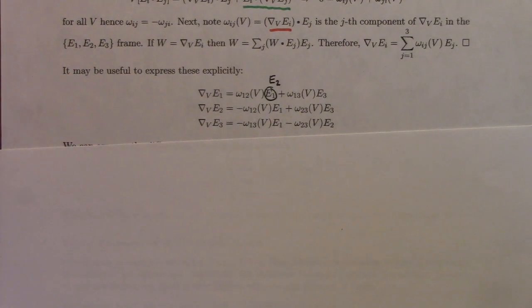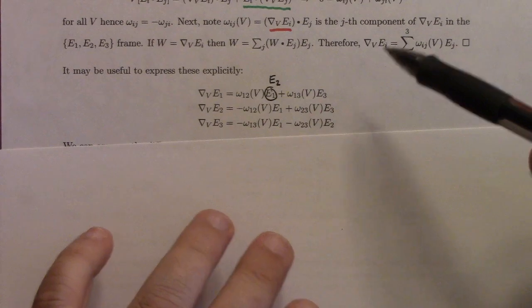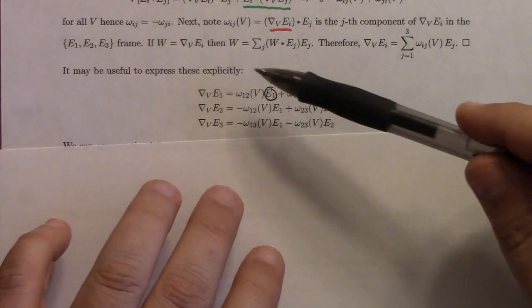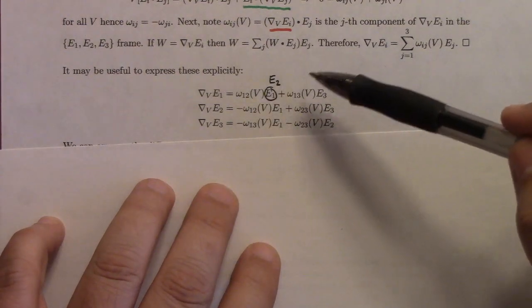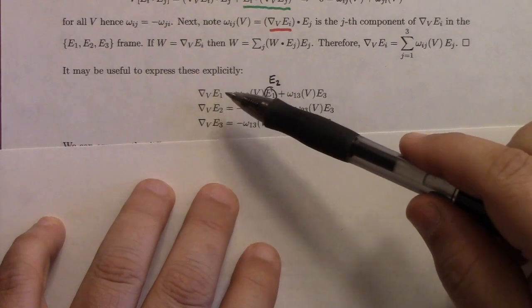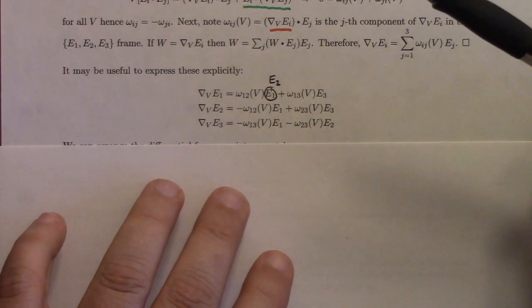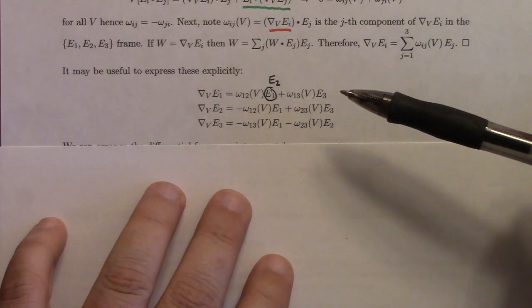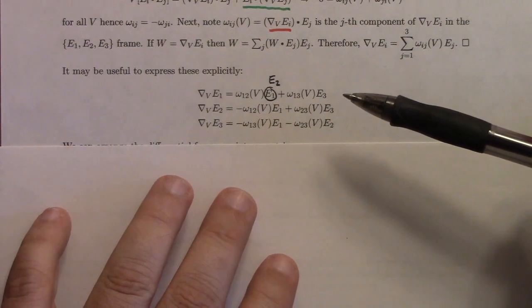Now, think about this. I would expect that there is no component of the covariant derivative of E1, E2, or E3 in the respective E1, E2, or E3 direction. Why? These are length 1 vector fields. We have already shown in that previous example that the covariant derivative of a length 1 vector field has 0 component change in the direction of itself.